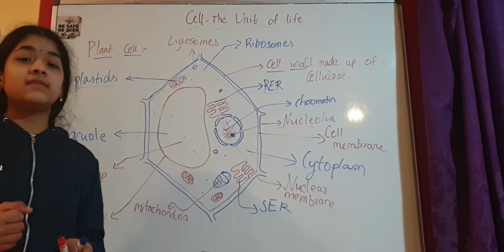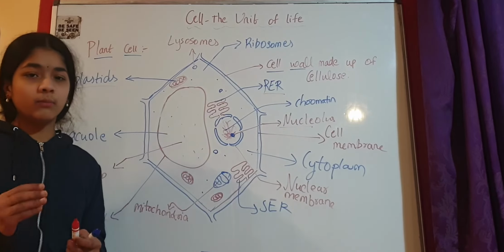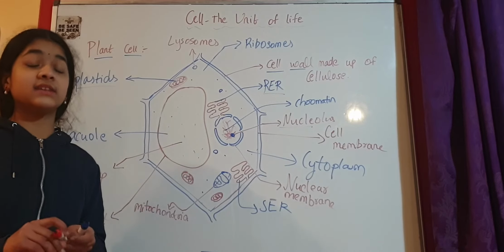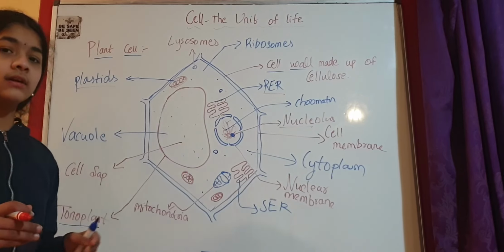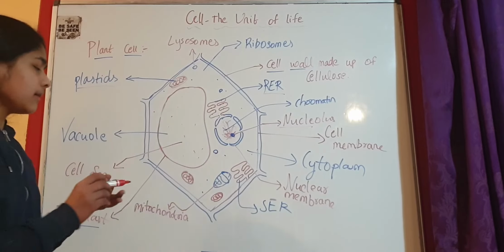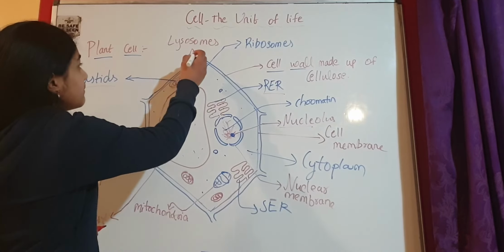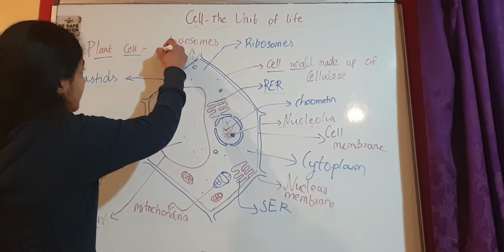And lysosomes contain, sorry, not a pigment, they contain a very important group called hydrolytic enzymes. Hydrolytic enzymes are the enzymes that help in digestion of the waste material. One important thing, because we're talking about plant cell: lysosomes in plant cells are called dictyosomes.